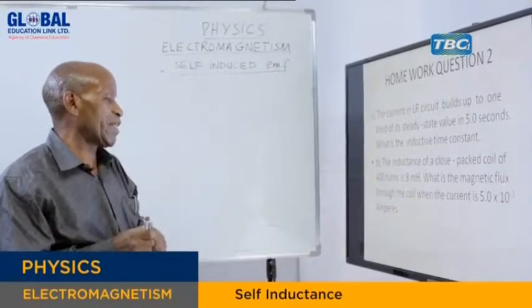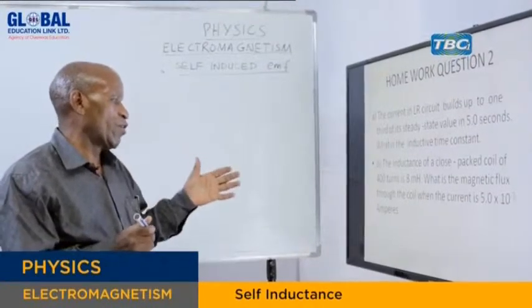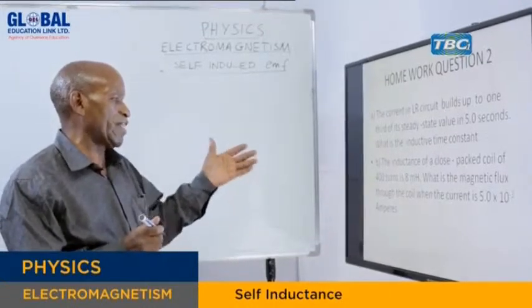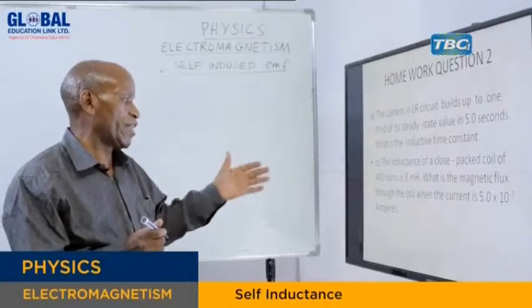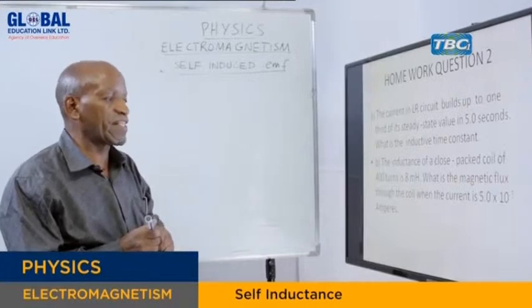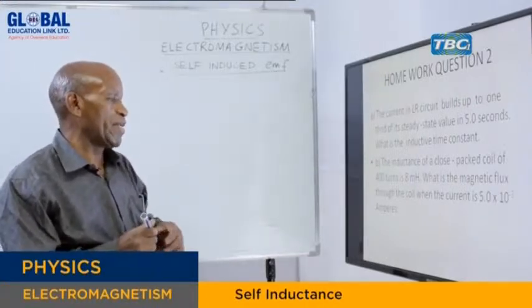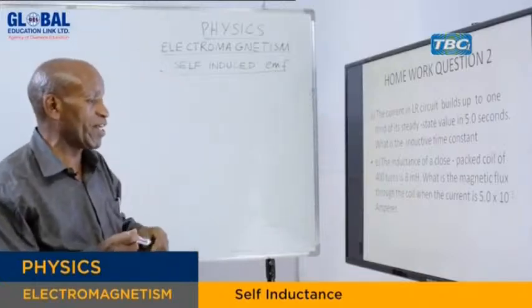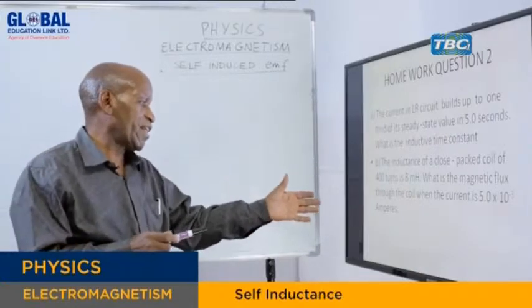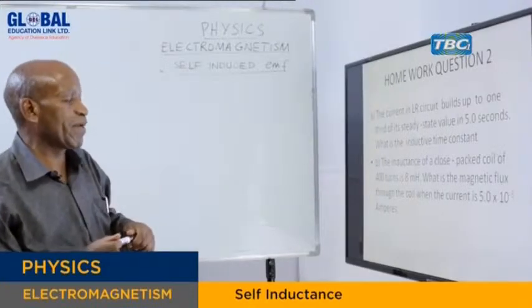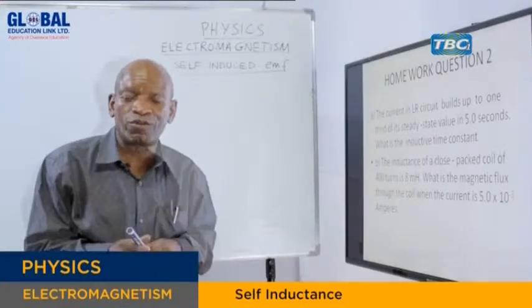For the second part as well, we have been given the inductance of a closed-packed coil of 400 turns, which is 8 millihenries. This is just like an inductor. Now we have been asked to determine the magnetic flux through that coil when the current flowing through it is 5 times 10 power negative 3 amperes. You can refer to those formulas.